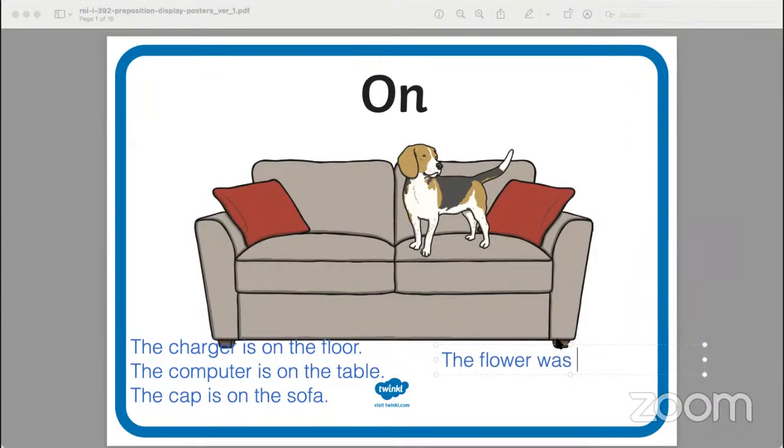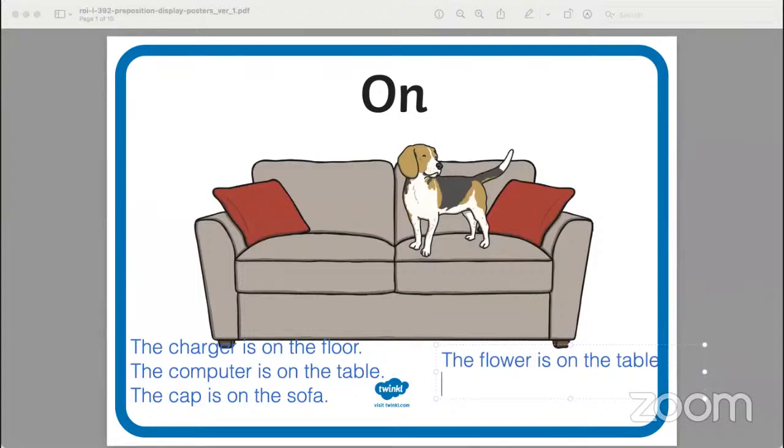It won't be was and is. So you can say the flower is on the table. If you say the flower was on the table, it means it was on the table, but it's not there now. So that's what was would mean.